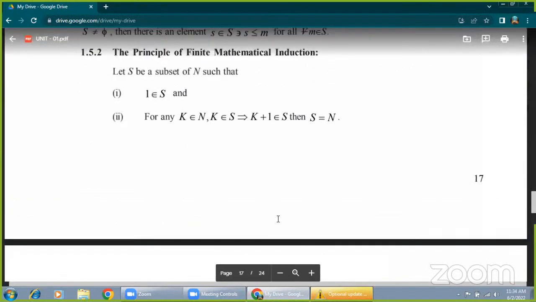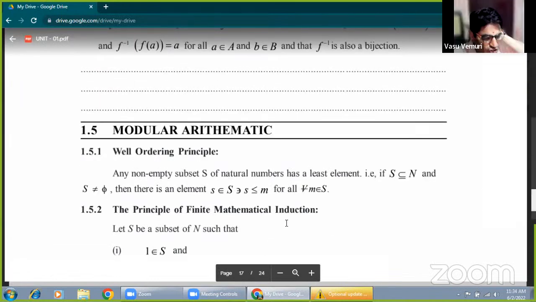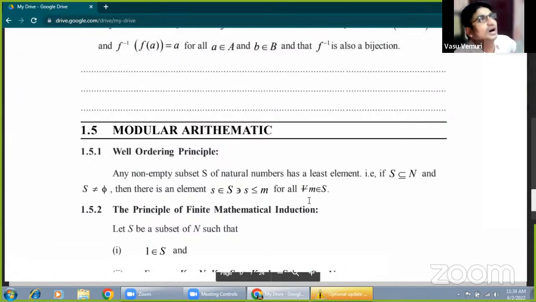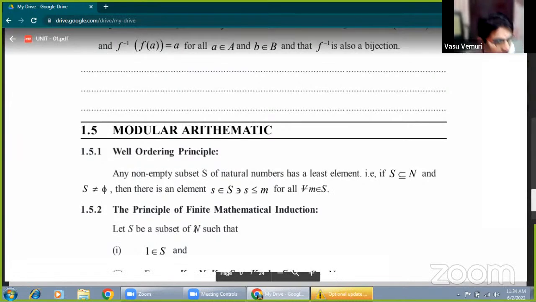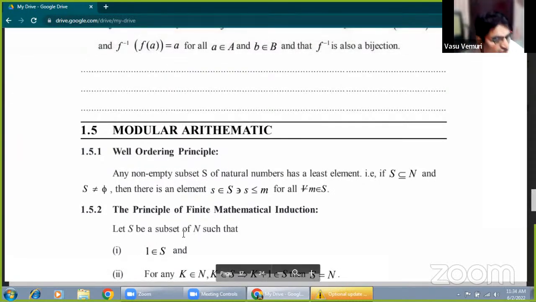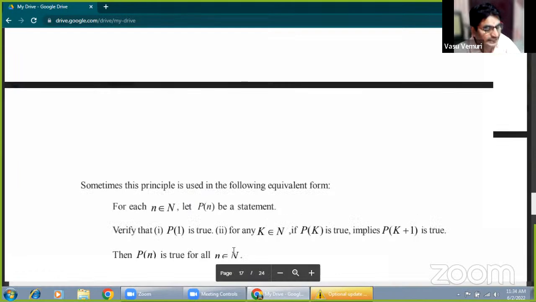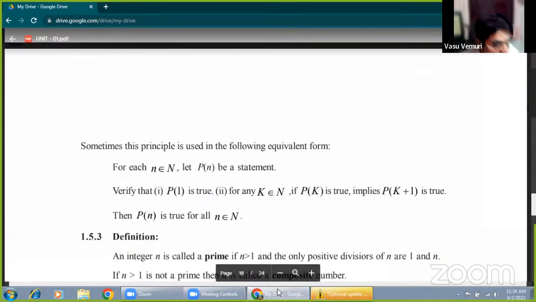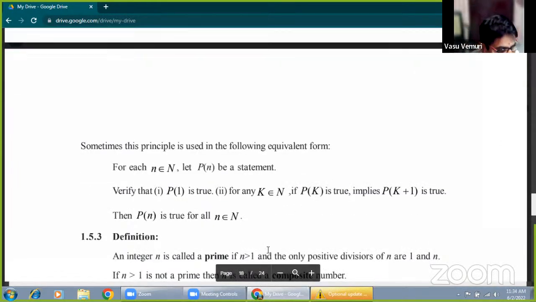At the same time, last but not least, there is modular arithmetic. Already time is over. Tomorrow we will explain modular arithmetic and the well-ordering principle, and before that we have to explain the mathematical induction concept. Then these 2 relations must be especially defined for the further algebraic concepts. Tomorrow we will start the group concept.